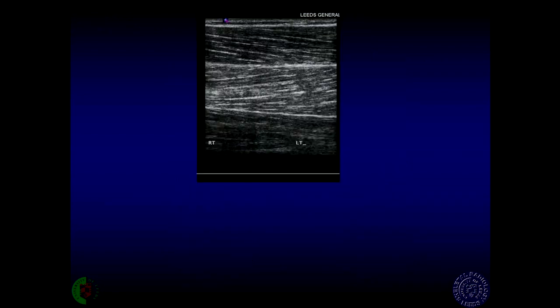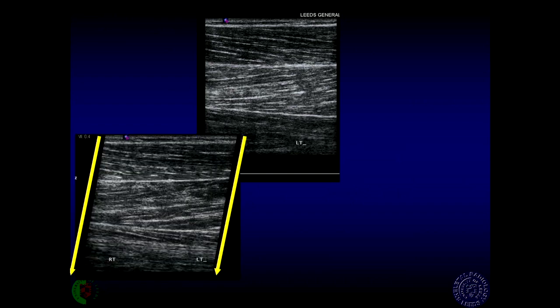This demonstrates that appearance again in the soleus and gastrocnemius. I'm using electronic beam steering here, and with the beam going straight down, the gastrocnemius, which is the more superior portion of these two muscles, is hypoechoic relative to the soleus, which is slightly more parallel to the surface of the probe.